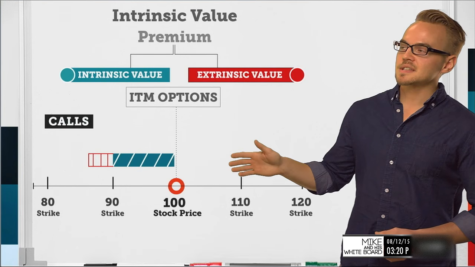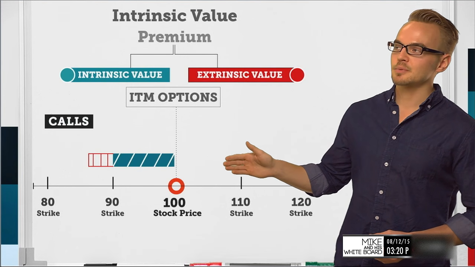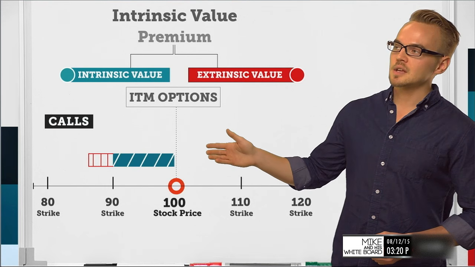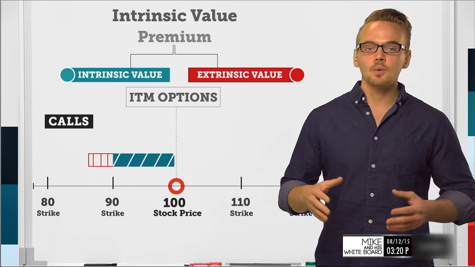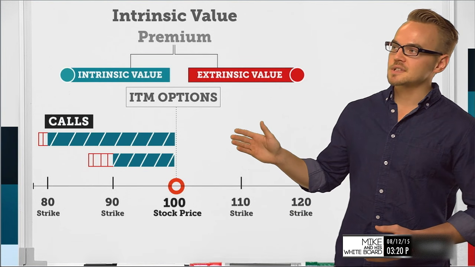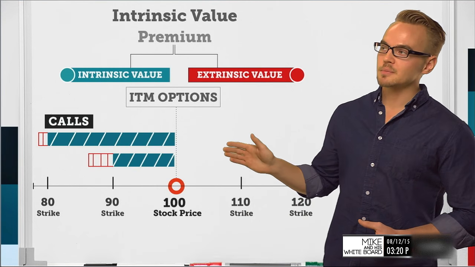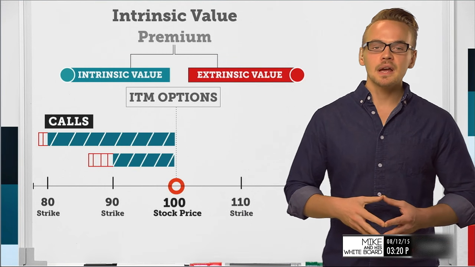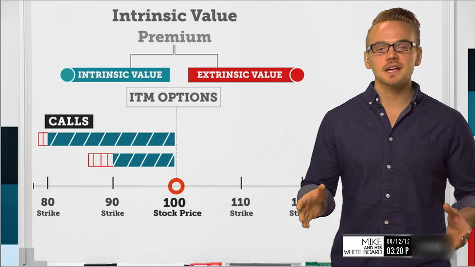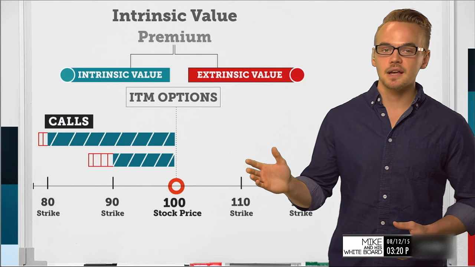So we've got this example here that's 10 points in the money. You can clearly see that we've got 10 points of intrinsic value and a little bit of extrinsic value. Now, what happens if we're looking at a deeper in the money call? When we throw on the 80 call, so now we're 20 points in the money, we have the right to buy 100 shares of stock at the price of 80, even though the stock price is trading at 100.